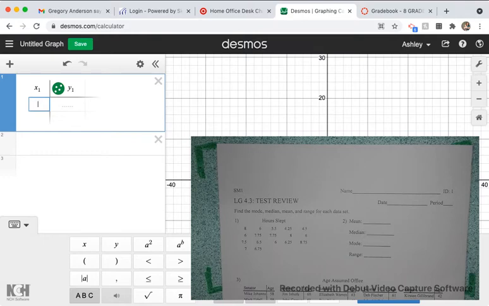But if you type underneath the x values, then this is your x1 data. So that's what we're going to do.